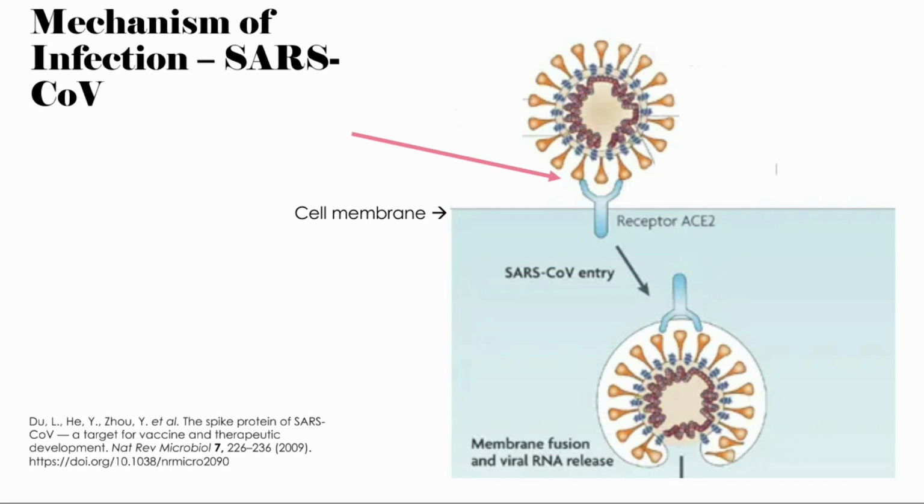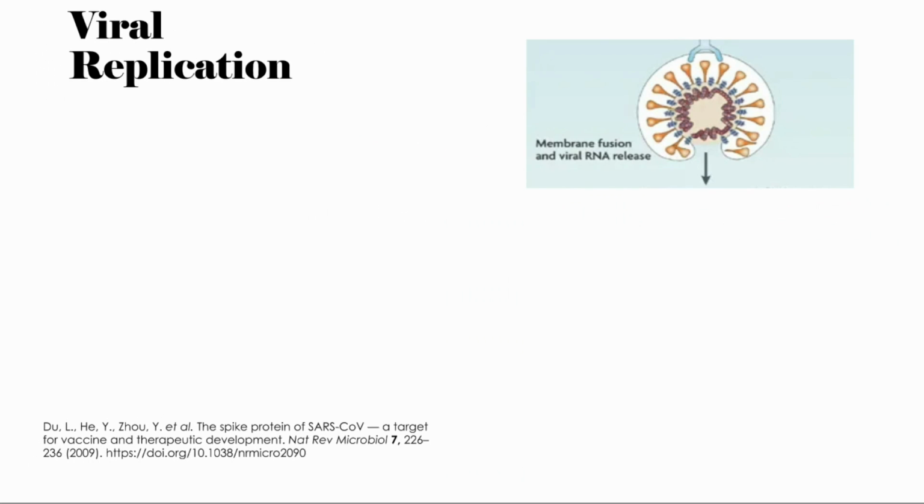So in this particular illustration, you have COVID-19 binding onto the ACE2 receptor at the cell membrane. And when that happens at this junction here, the virus is then pulled into the cell. At that point, the genetic material, which in this case is RNA, is brought into the cell for replication.